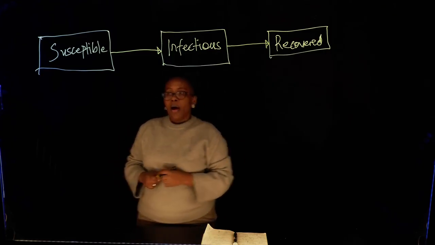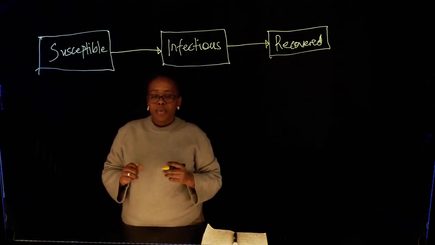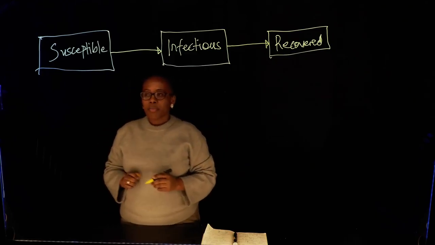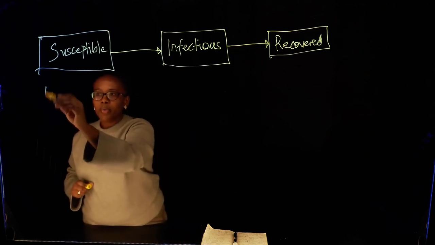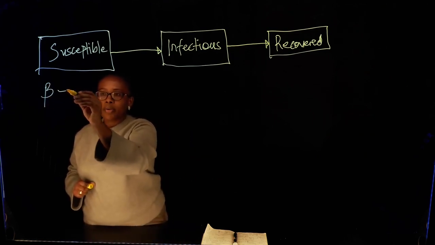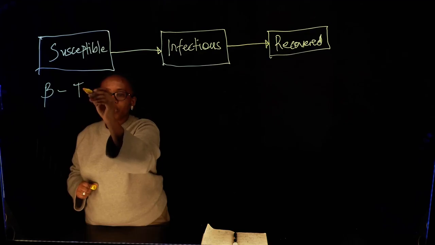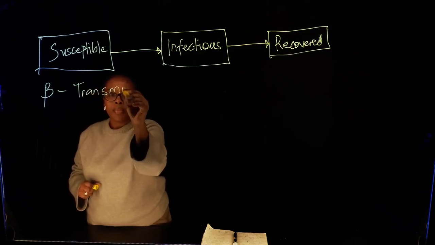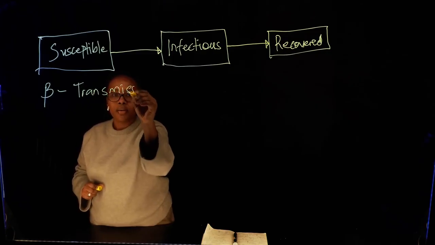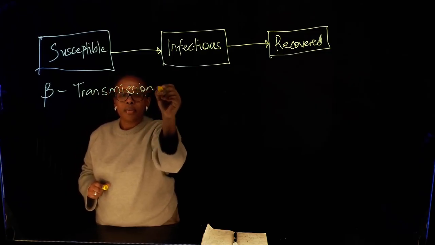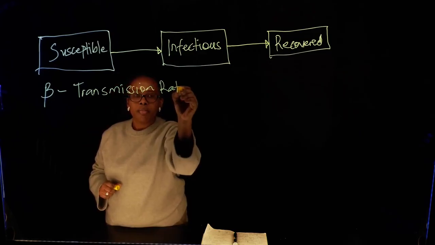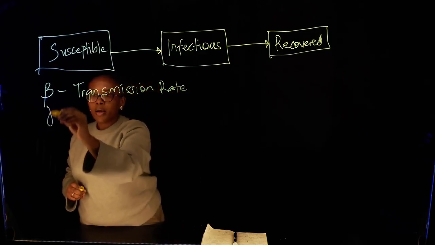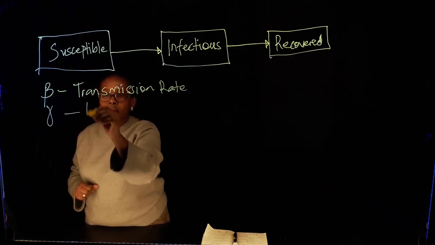Now, there are 2 very important variables in the SIR model. One is beta, which is the rate of infection, which we also call the transmission rate. And then gamma, which is the recovery rate.